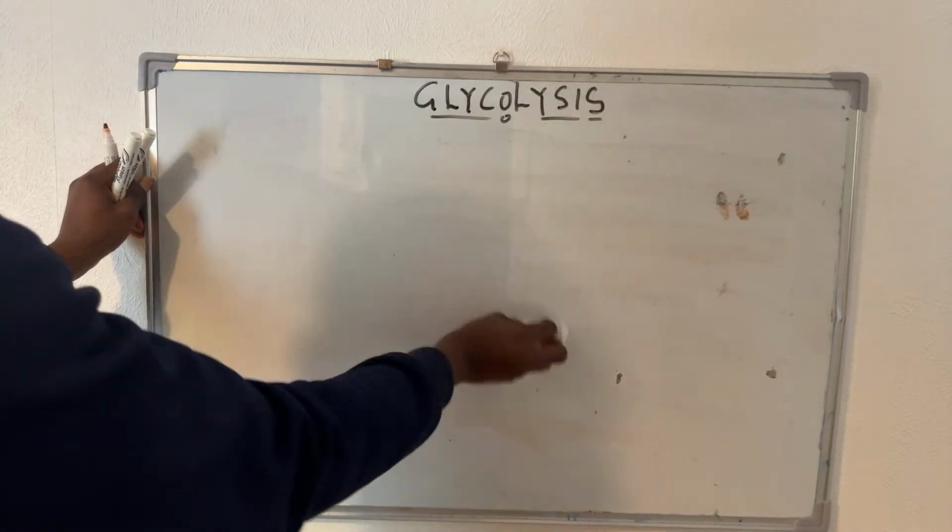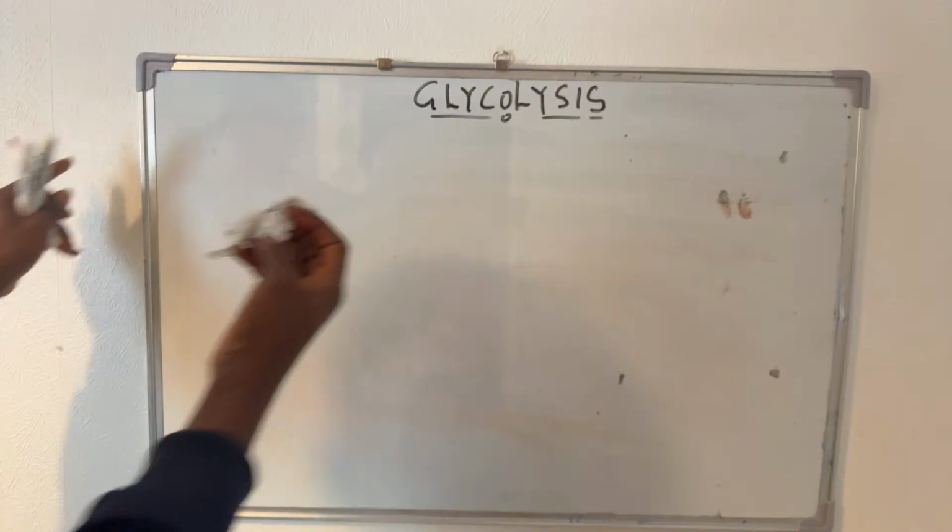Aside from ATP production, there is a production of NADH, nicotinamide adenine dinucleotide hydrogen, which is used in the electron transport chain and oxidative phosphorylation to produce more ATP.